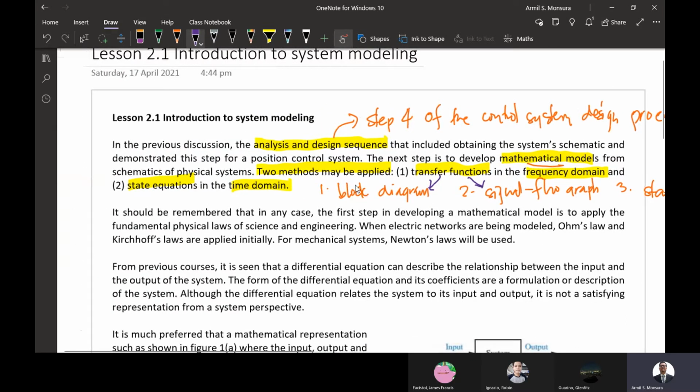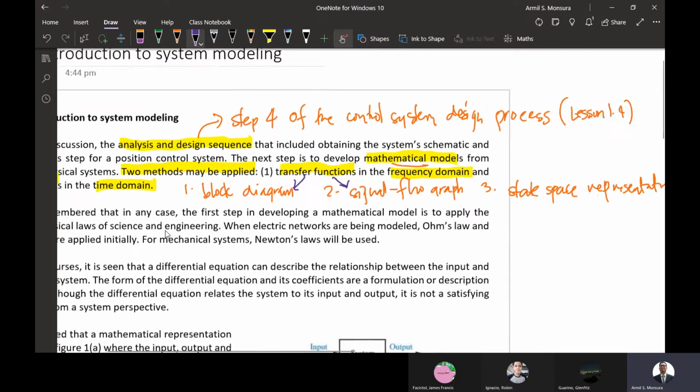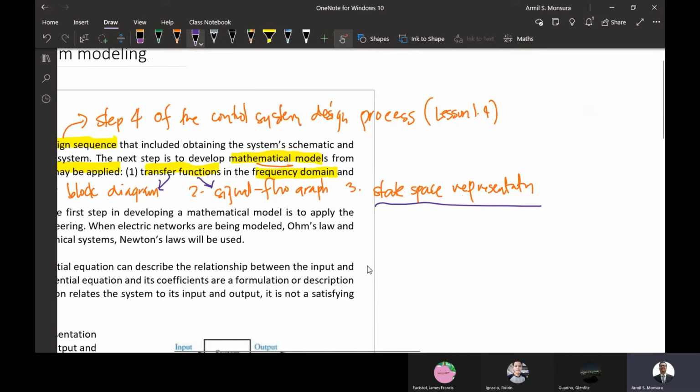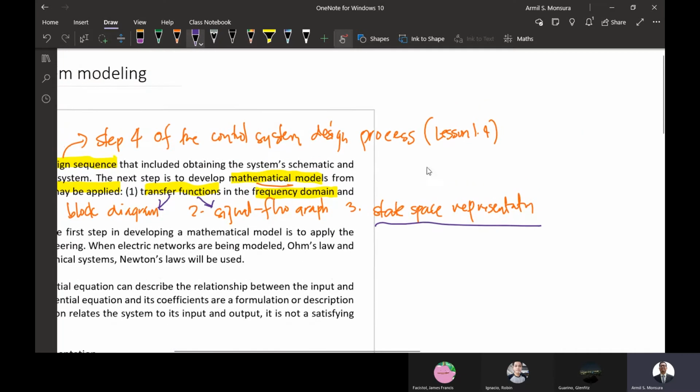Now, the other way of developing a mathematical model for your physical system is by the use of state equations. Now, state equations lead to state space representation. Okay, so yung state equations natin will lead to a state space representation for your system.